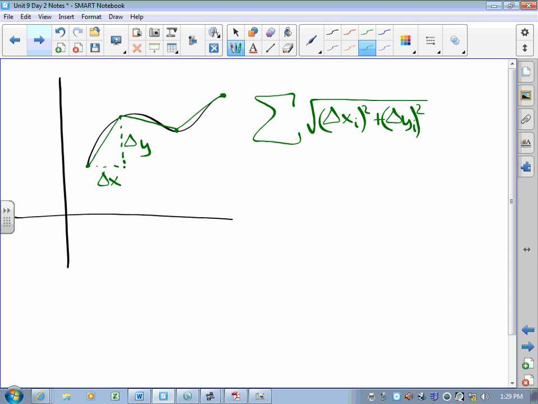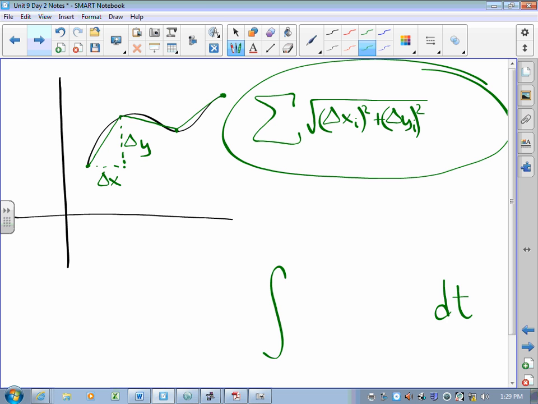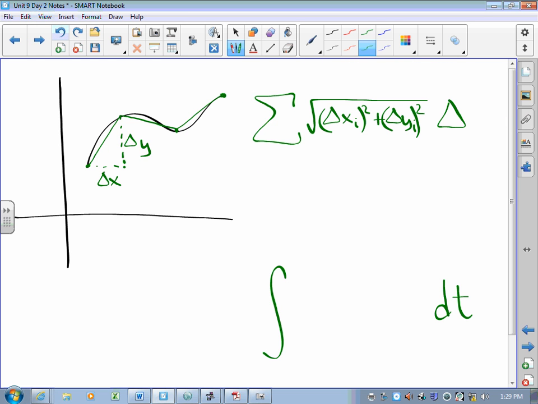The problem is I want to turn this eventually into some kind of integral, and I want that integral to have a dt sitting right here, which means I need this sum to be a Riemann sum. And if it's going to be a Riemann sum, it's got to have a delta t sitting right there. But you can't do that unless you also divide by delta t.